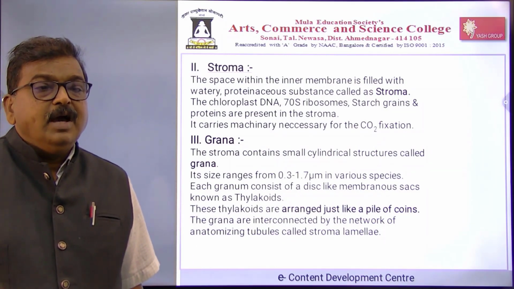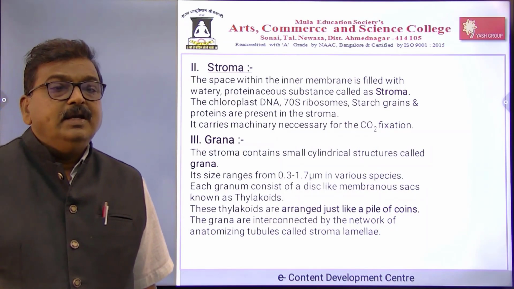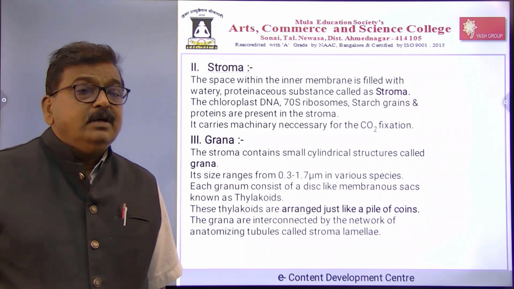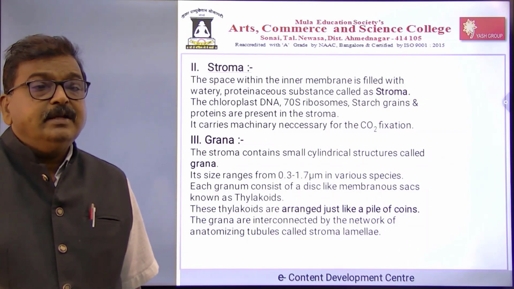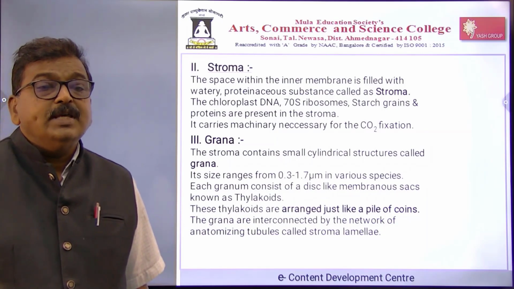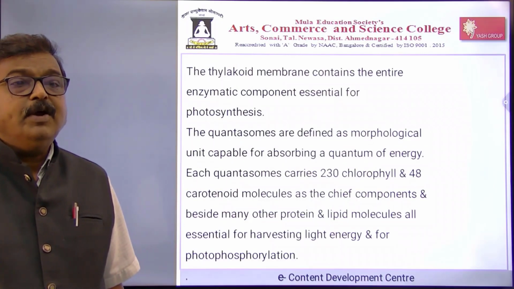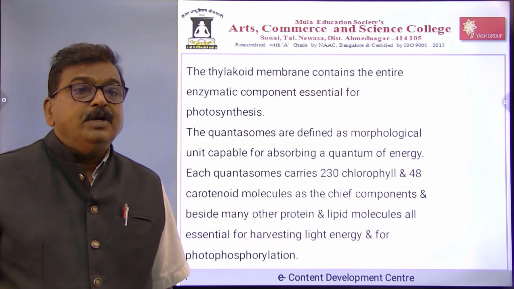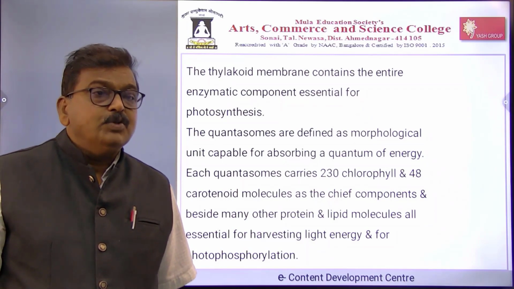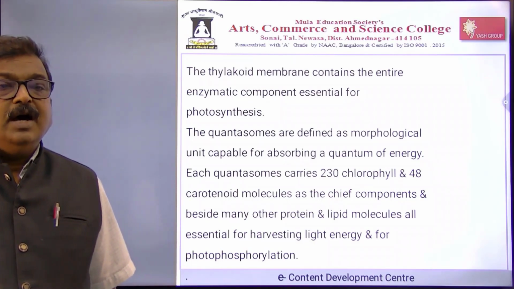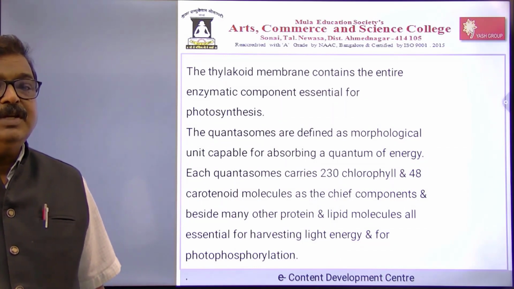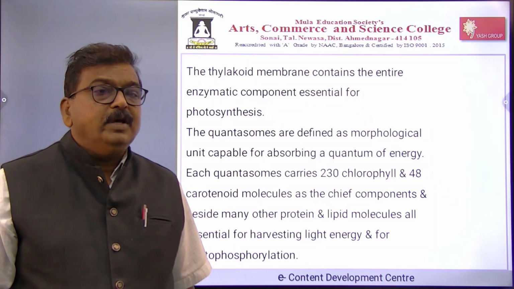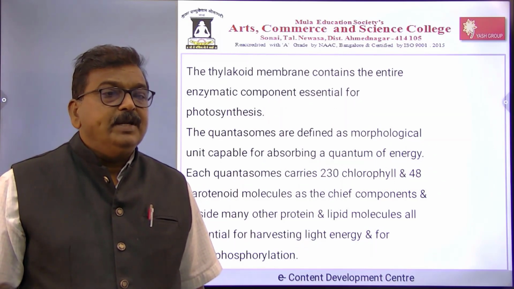The grana are interconnected by a network of intergranal tubules, known as stroma lamellae. The thylakoid membrane contains the entire enzymatic component which is essential for photosynthesis. The quantasomes are defined as a morphological unit capable of absorbing a quantum of energy.